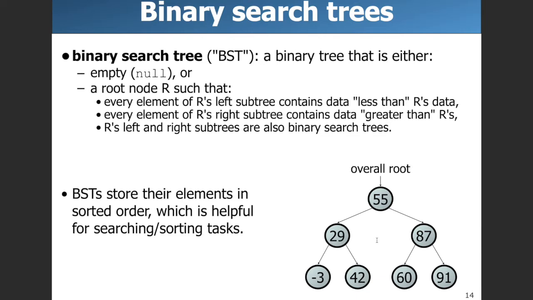So a binary search tree or BST is a binary tree that is either empty, which is null, or, remember, a binary tree can be empty, right? Any tree can be empty, but it's still a binary search tree.